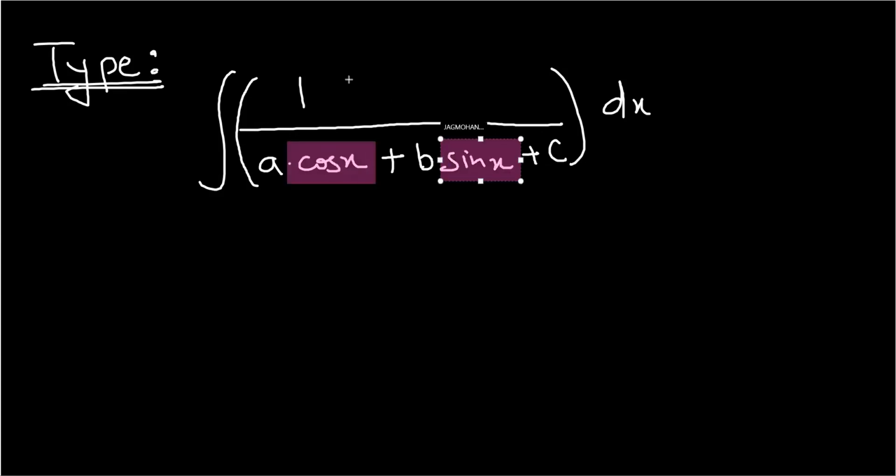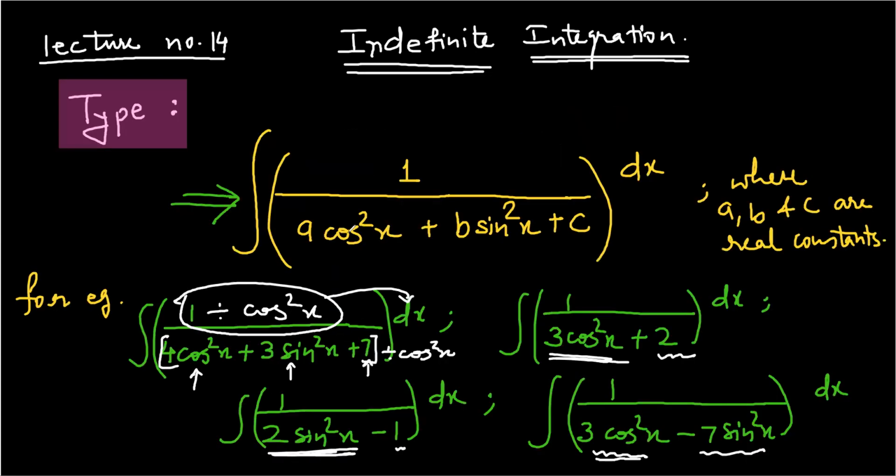If you compare this type with the earlier type, what did we have in the earlier type? We had a cos square x plus b sine square x plus c dx.